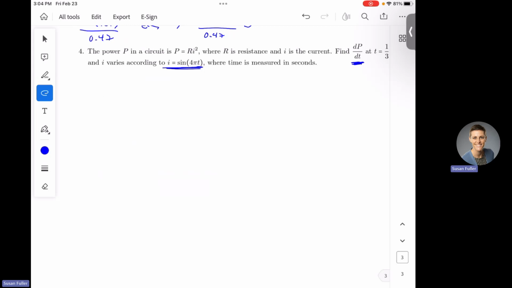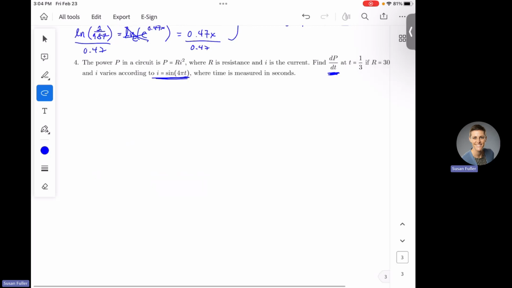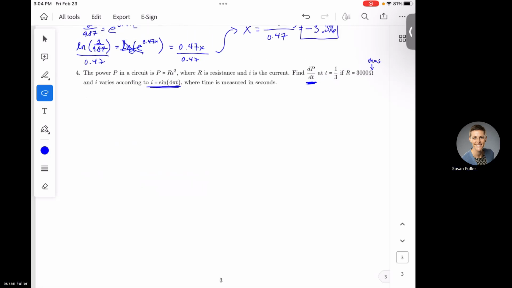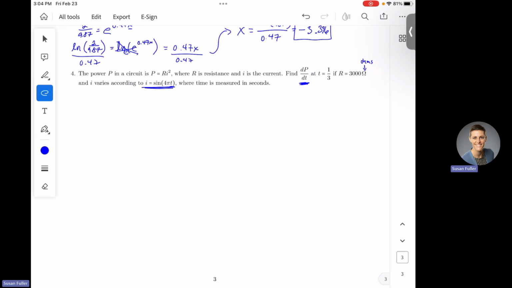That makes sense to me. Okay, so what I'm asked to find here is dP/dt, the derivative of power with respect to little t. So my variable should be little t. So I have to figure out how to go from this equation to something with t's in it so that I can take the derivative. And then I'm going to plug 1/3 in for t at the end.